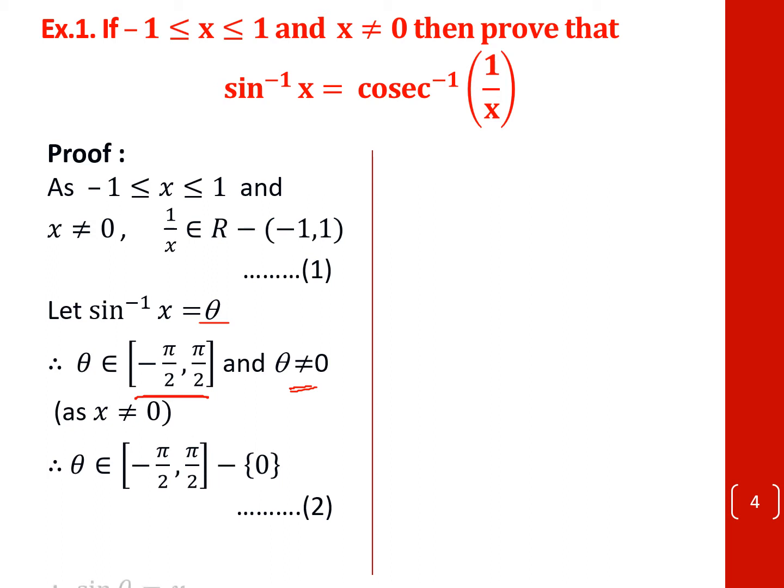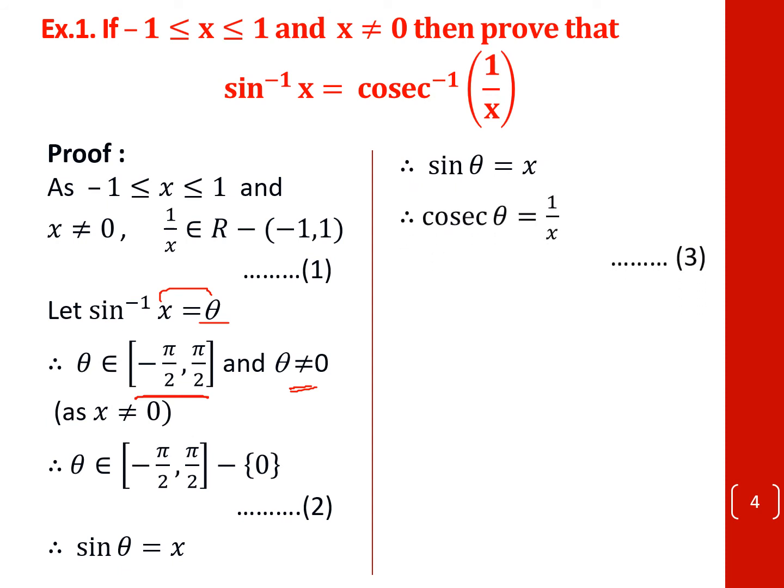Therefore we have x = sin θ. Now taking reciprocal of both sides, we have cosec θ = 1/x. Call it equation 3.